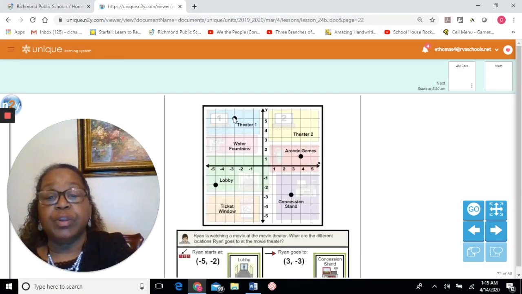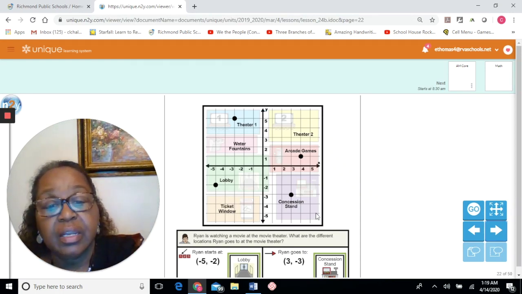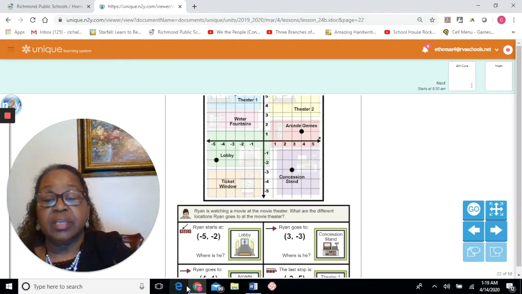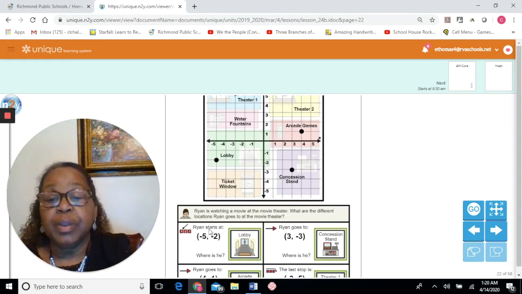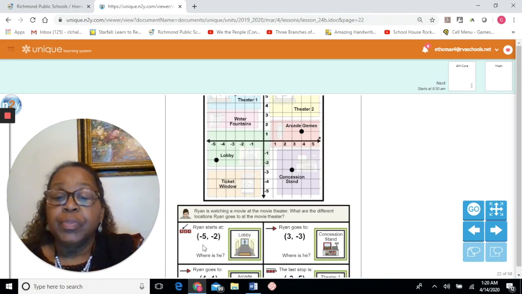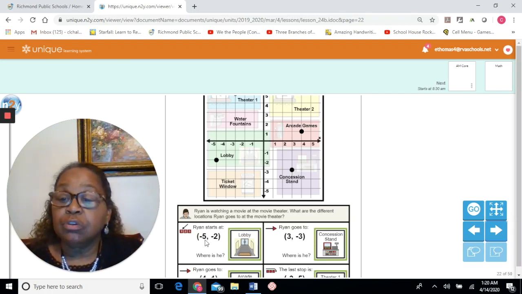These points have already been plotted. We have a point that intersects here at Theater 1, here at the arcade game, here at the lobby, and here at the concession stand. And we have an example of our ordered pair. The ordered pair is in parentheses. When you see your ordered pair, it tells you whether you have a negative number or positive number.